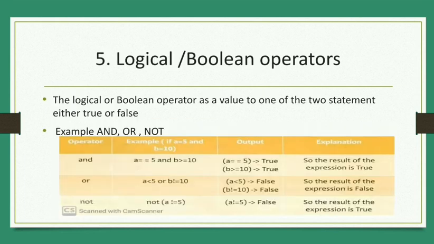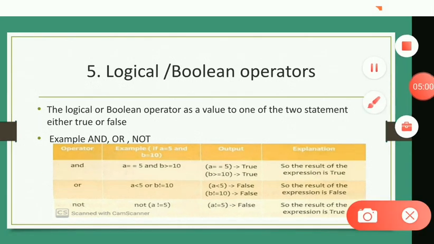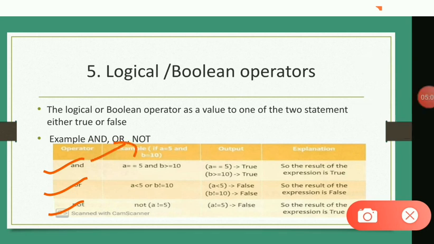Next, Boolean operator. If you want to see one result out of the two given statement, at that time we need to use logical or the Boolean operators. Okay, the Boolean type of the operators are and, or, and not. This and operator work as a multiplication.